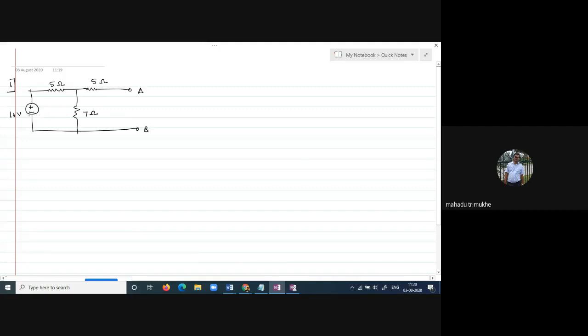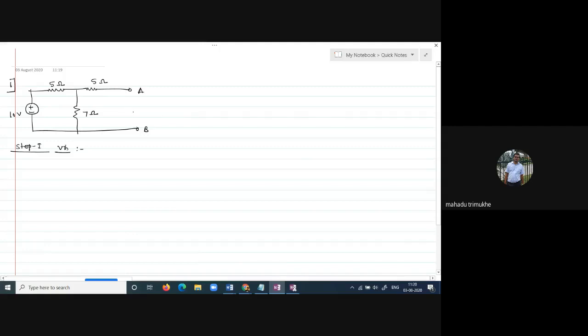So now step number one is we have to find out VTH. How to find VTH? Looking at points A and B, they are the open circuit terminals, already open.